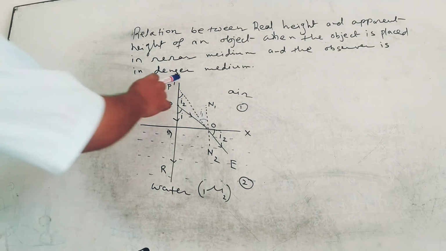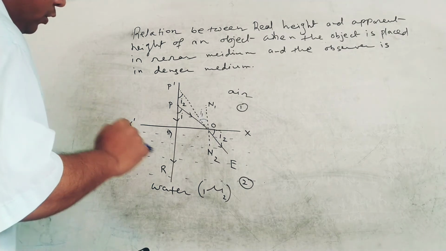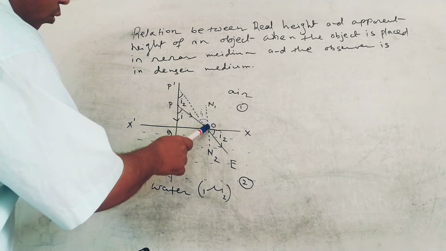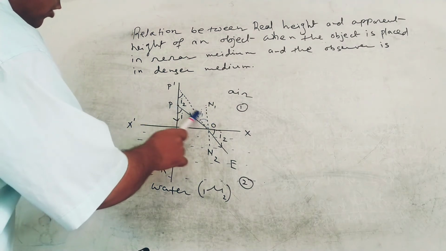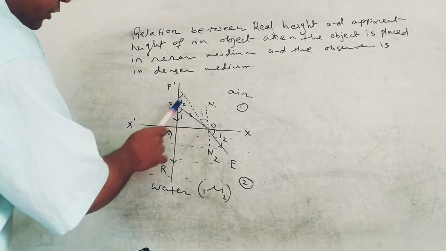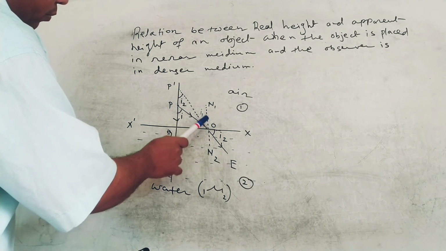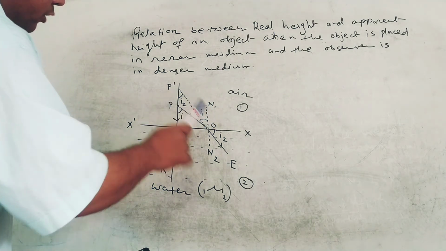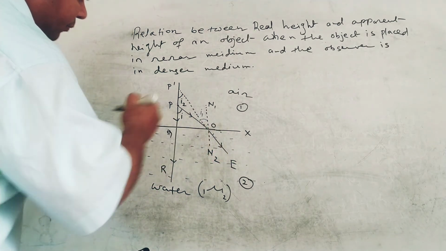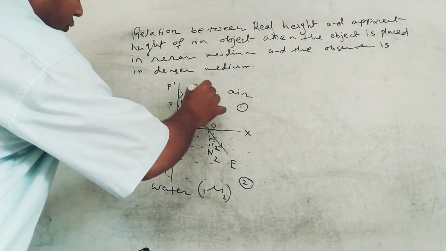Since P prime R is parallel to N1 N2, QPO is equal to N1OP, which is equal to I1, and P prime O N1 is equal to I2.